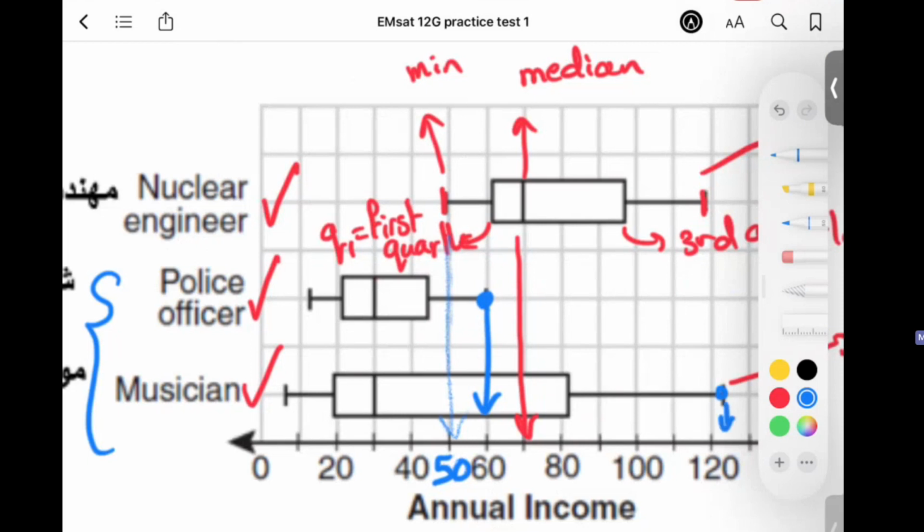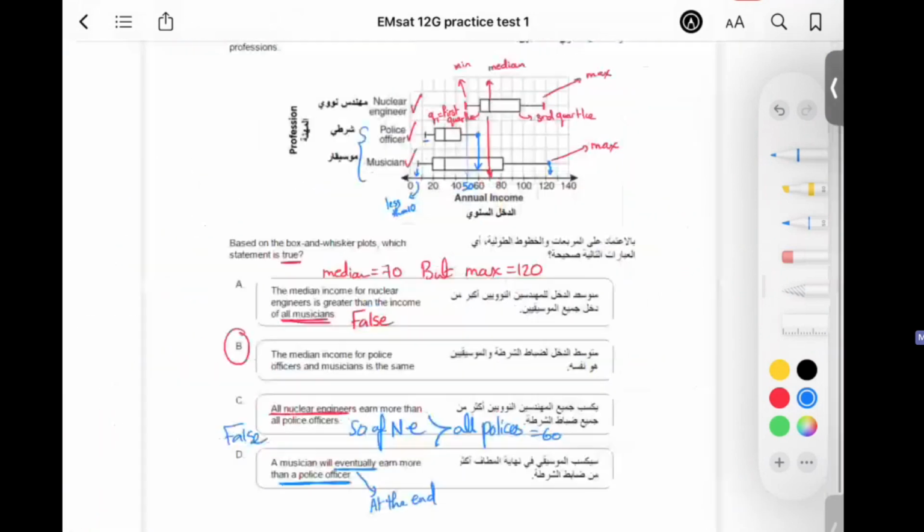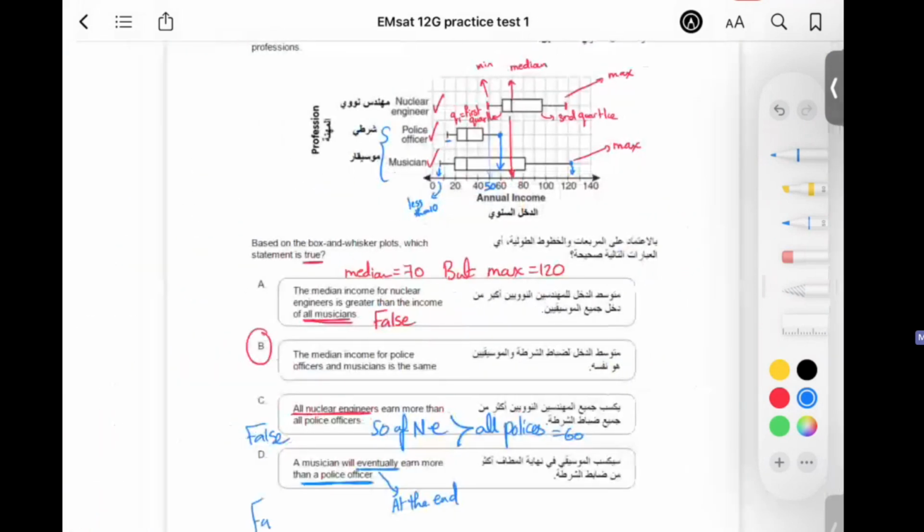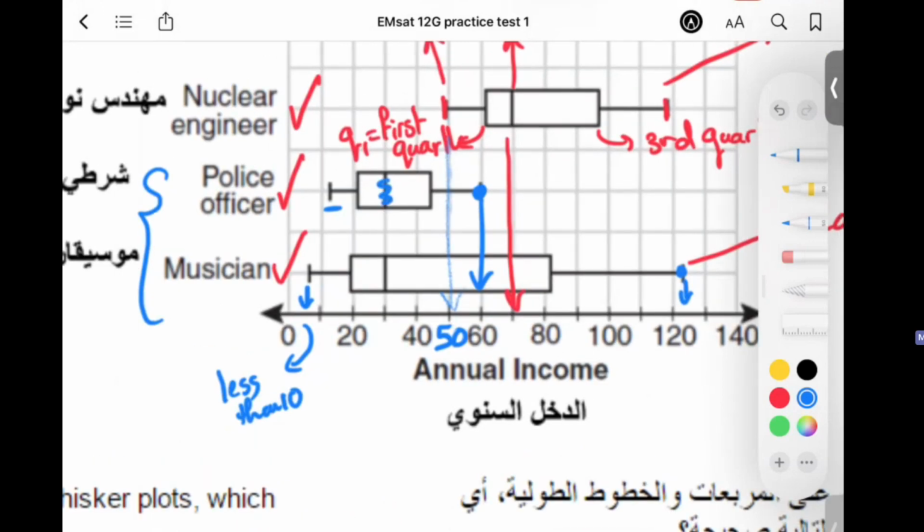But you cannot say that at the end of the day, if you are a musician, your income is greater than the police officer. Because we have musicians with incomes less than 10. And guess what? The minimum income of a policeman is almost above 10. This is why this is a wrong statement. Now, in the middle, it is correct. You can see that the median of the policeman is the same as the median of a musician, which is the value of 30.